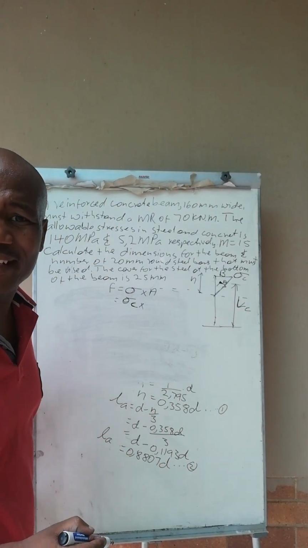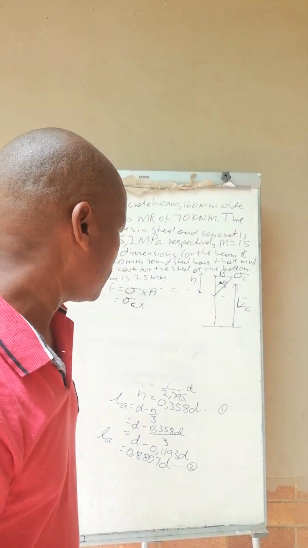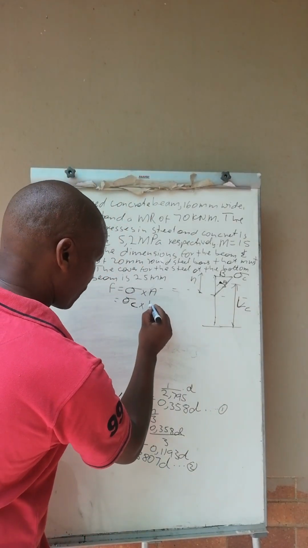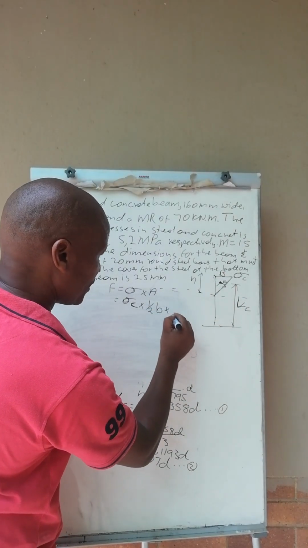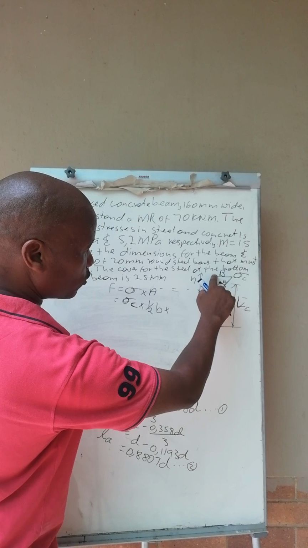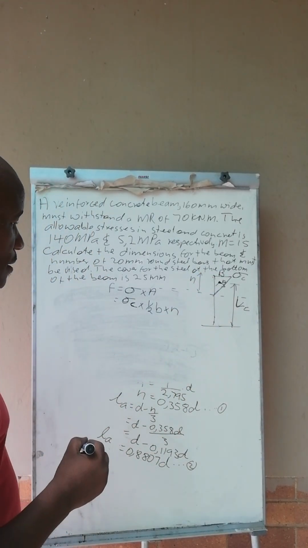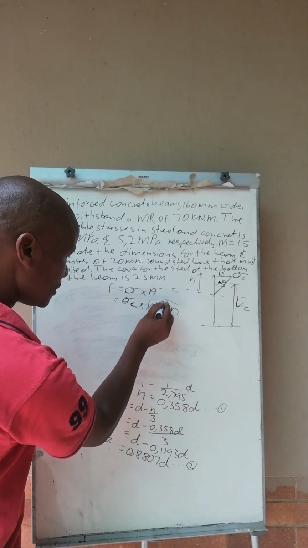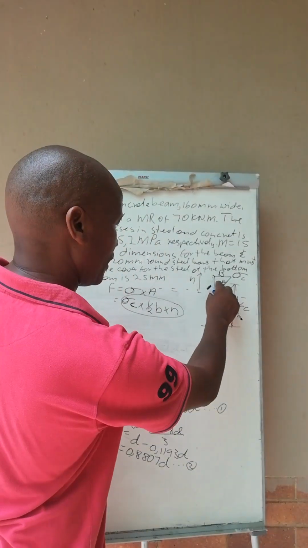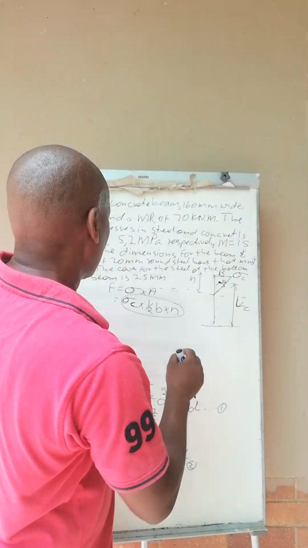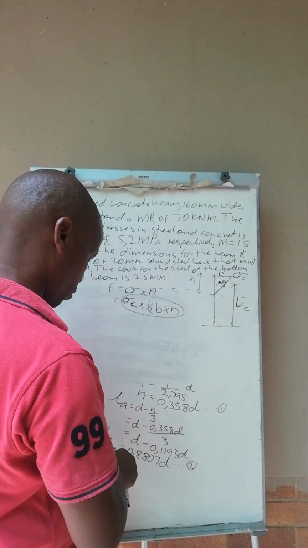The area of a triangle is half the base times the height, which is n. This is the force in the concrete. That's the point I wanted to show you first before I continue.